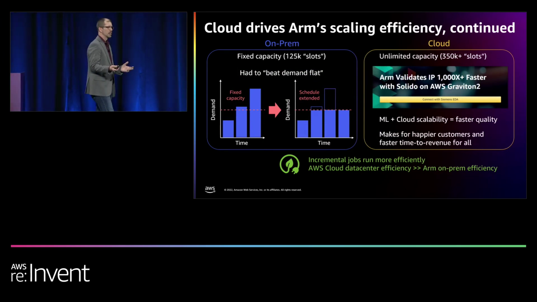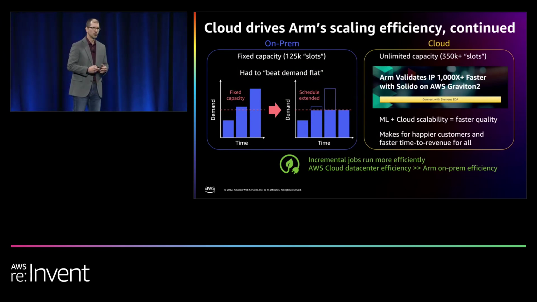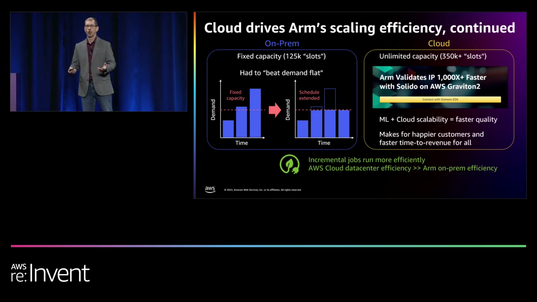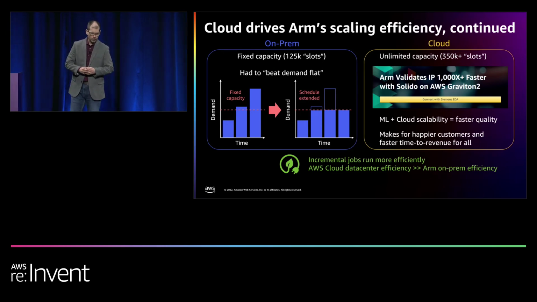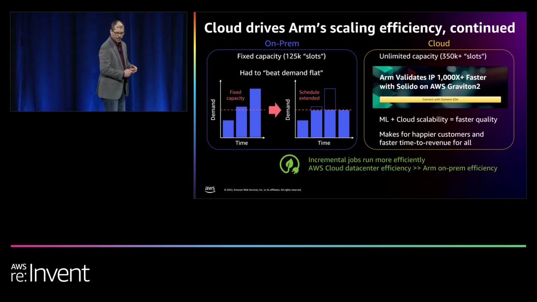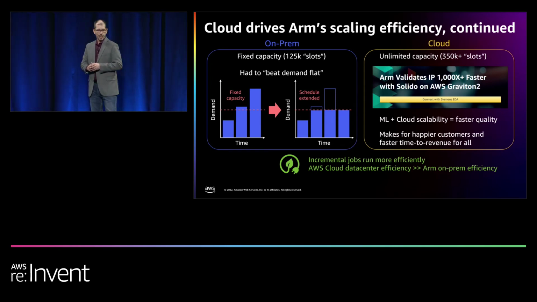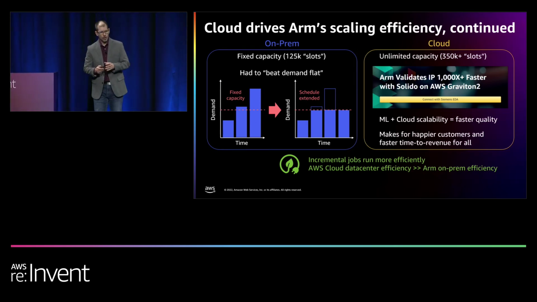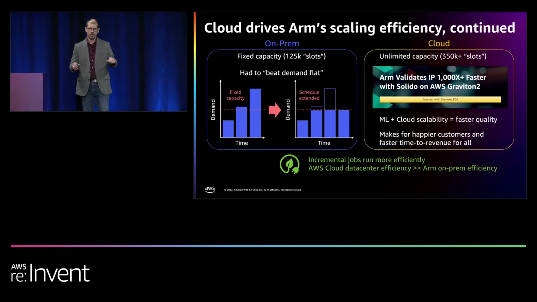Across our various data centers, our engineers had access to roughly 125,000 slots. Think of a slot as a vCPU or a core. So, before cloud, when we had access to this fixed capacity, we had to do what I call beating the demand flat.